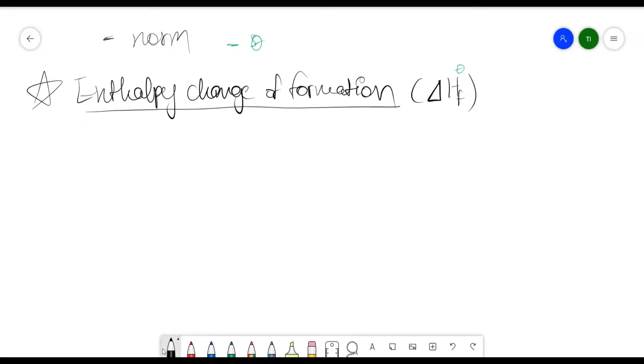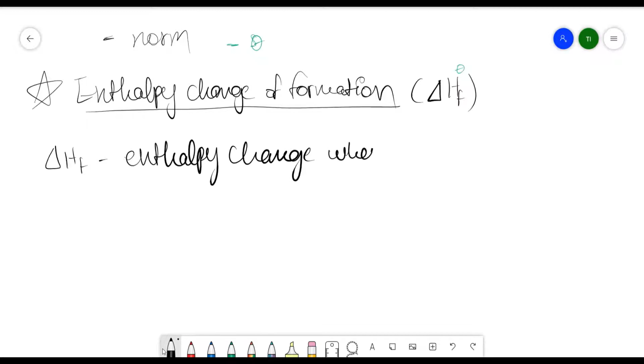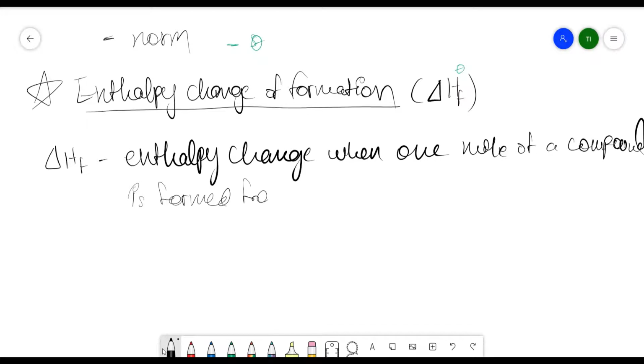So the definition of enthalpy change of formation is the enthalpy change when 1 mole of a compound is formed from its elements. This last part, 1 mole of a compound is formed, and the last part, from its elements, is very important.